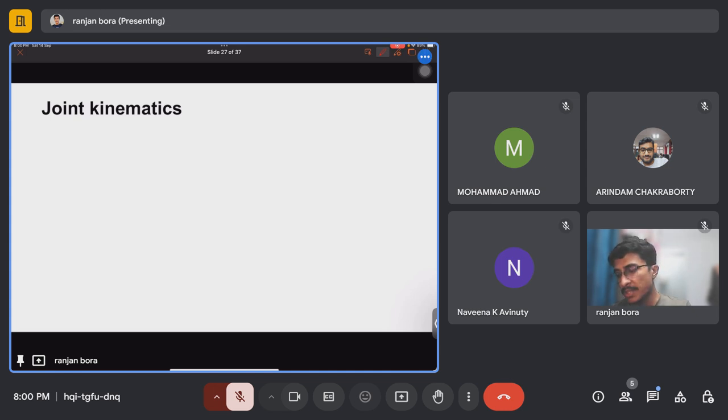So first step is to measure the data in the gait laboratory, and using those data we find out the velocity, acceleration, and that is the joint kinematics.